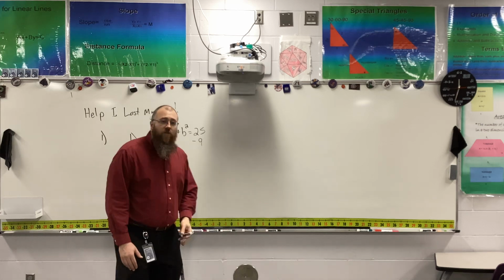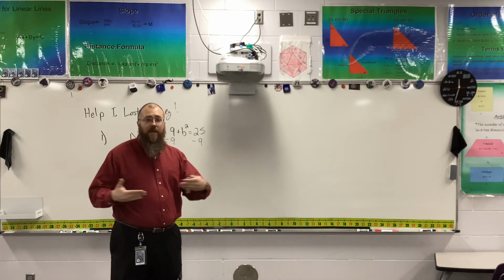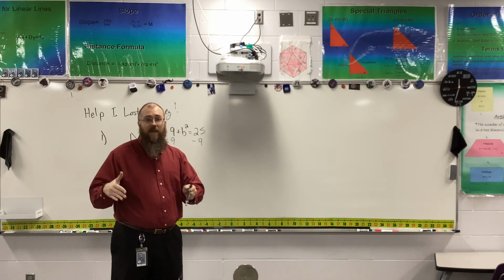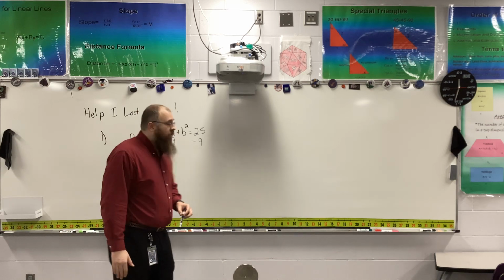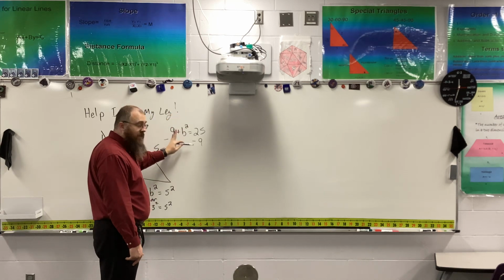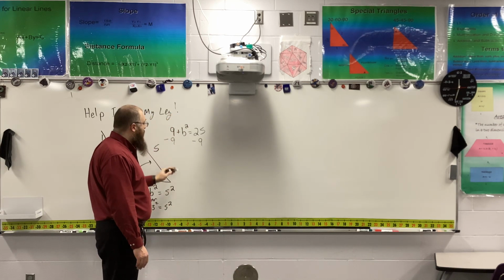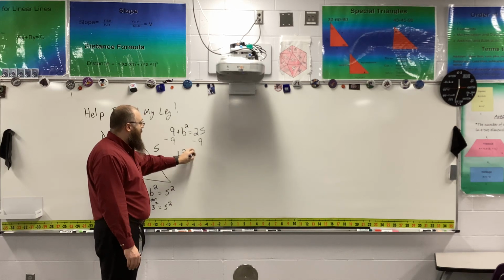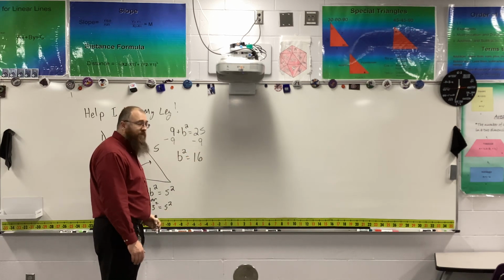So instead of doing leg squared plus leg squared and then square rooting it to find my hippopotamus like I did yesterday, what I want to do is hippopotamus squared minus leg squared to give me the other leg. So B squared is 25 minus 9, which is 16.